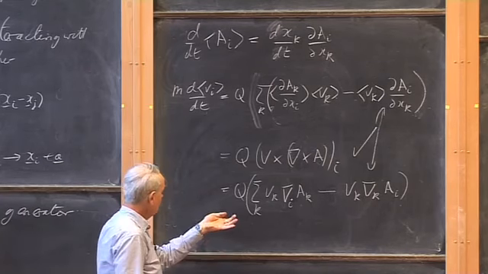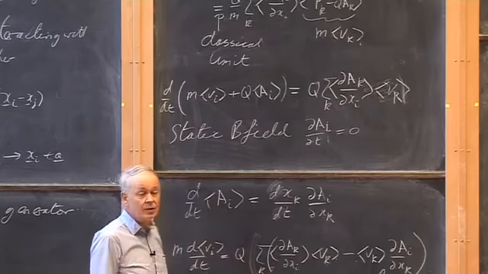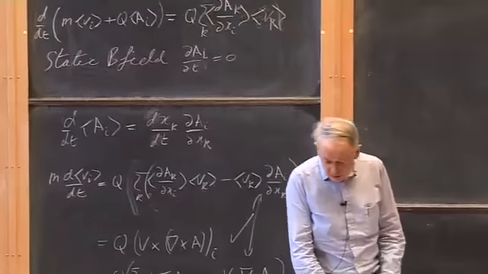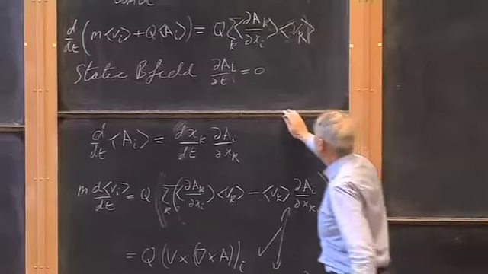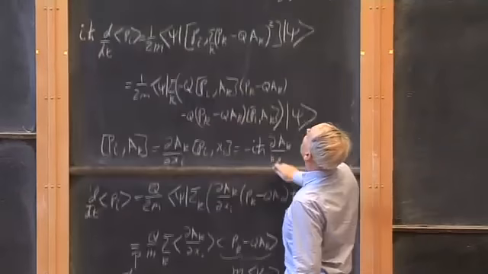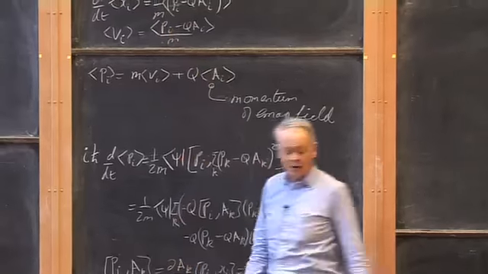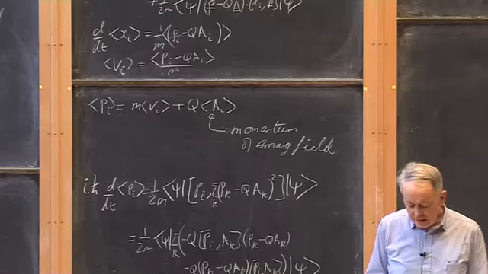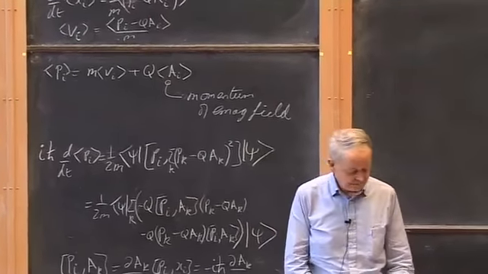Well, I think that's really all that I want to do. That justifies provisionally the use of this Hamiltonian, (p minus qA) all squared over 2m, being that change in the Hamiltonian introduces a magnetic field into the physics.